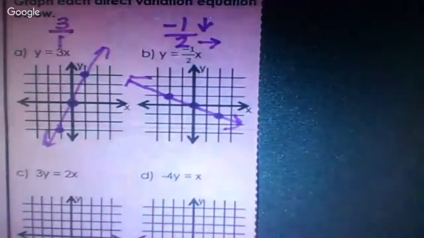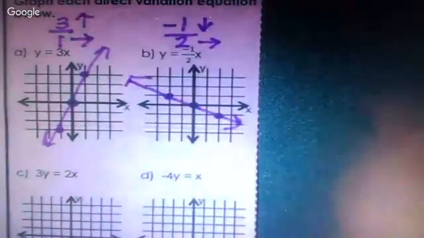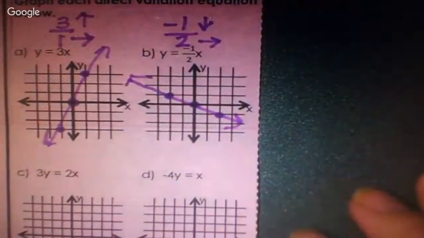And the same thing with the 3. Remember, your slope should always be a fraction, so we put it over 1. Both are positive, so it goes up and to the right. Why can you also go down to the left? Because you can go opposite of that. What do I get when I take -3 divided by -1? Positive 3 over positive 1.